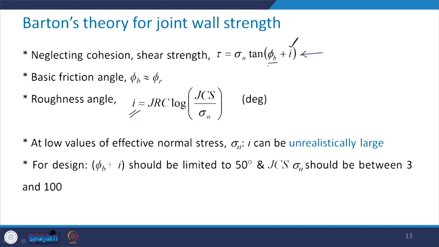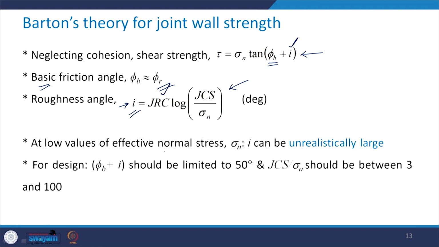So, this term phi b is defined as a basic friction angle and is approximately equal to phi r, and the roughness angle is represented by I and given by this expression, where JRC is the roughness coefficient.